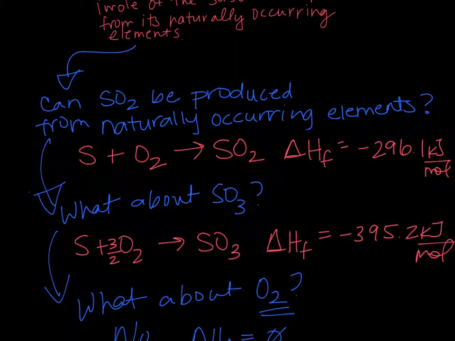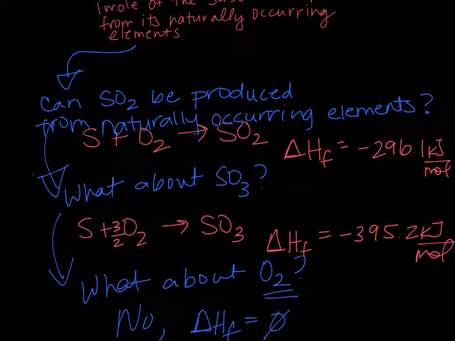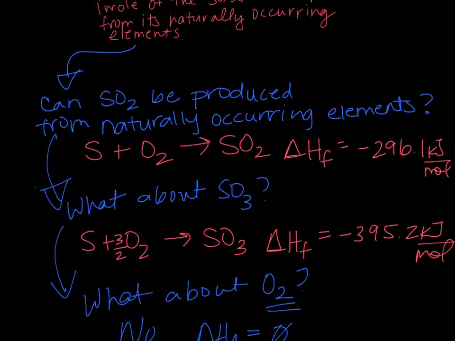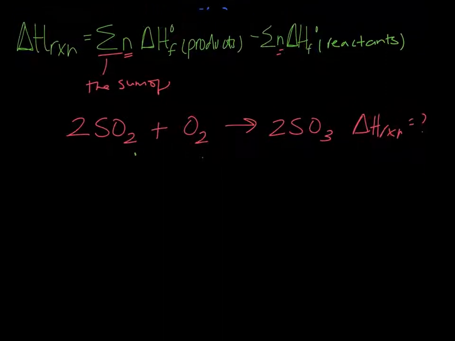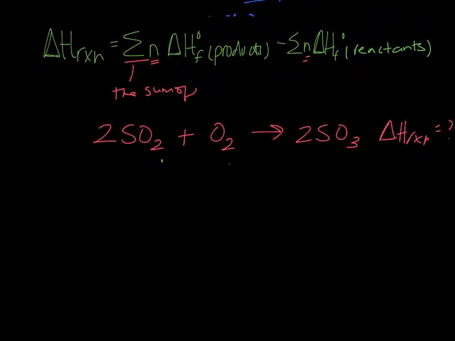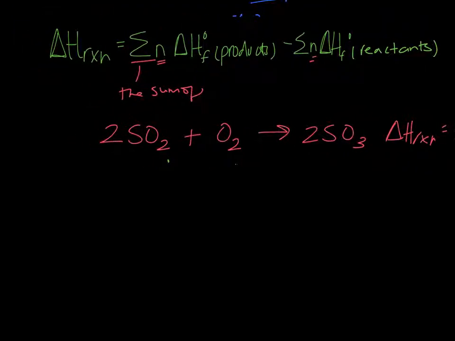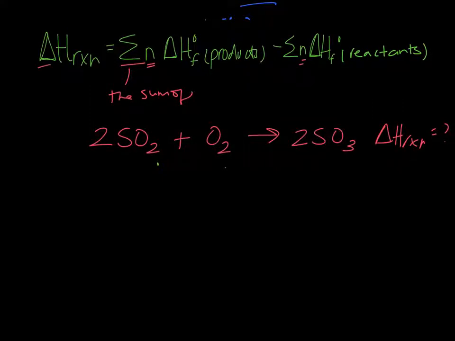Okay, we're not going to get into why or how that works. We're just going to do this. So it's products minus reactants, right? Because it's delta. And delta means final minus initial with a chemical reaction. The final is the product, and the initial is the reactant. So it's products minus reactants. Okay.